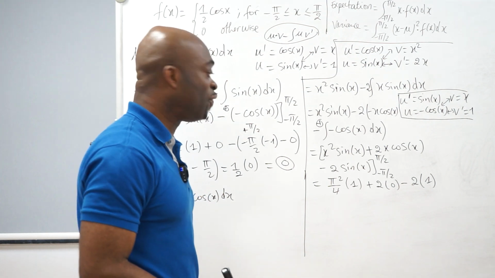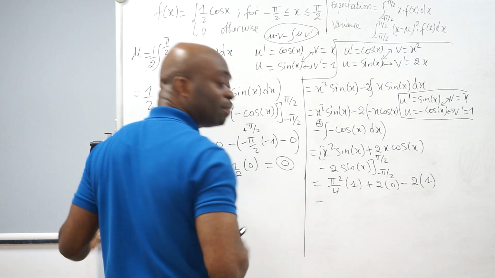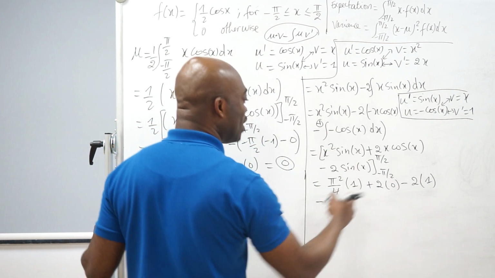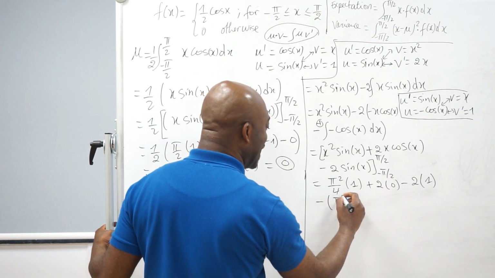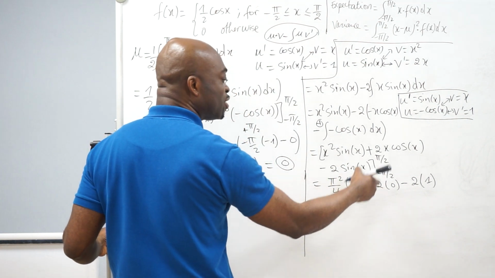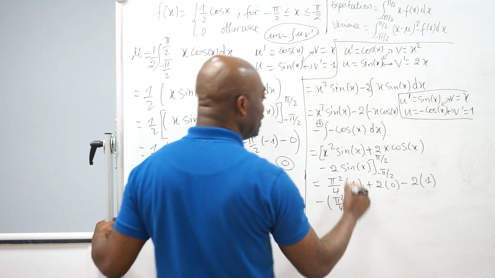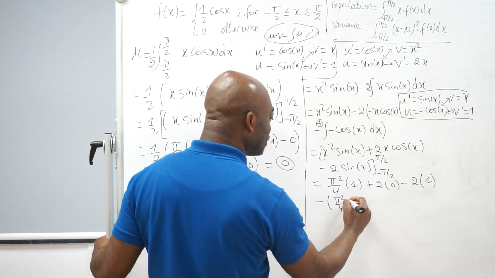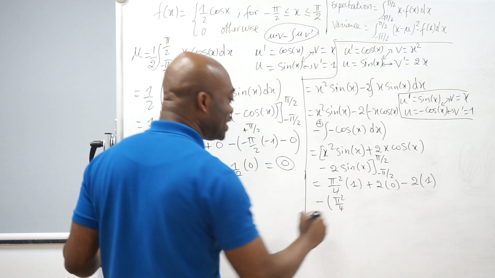We good so far? And then minus, now we get to this one here. We get pi squared over 4 as well, because x squared, that is negative pi over 2 squared, would give us pi squared over 4 as well. And then times sine of negative pi over 2, which will give us negative 1. And also the cosine of negative pi over 2 will give us 0.